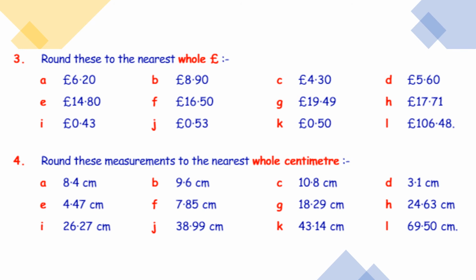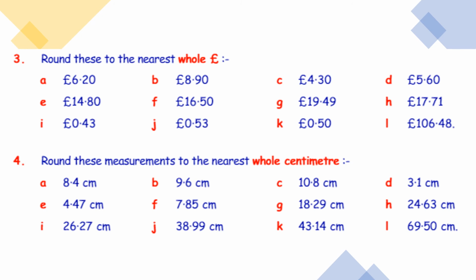But you don't have to look beyond the first decimal place. So in 620, you don't have to look at the 0. In G, we've got £9.49. You don't have to look at the 9. You just have to look at the 4.